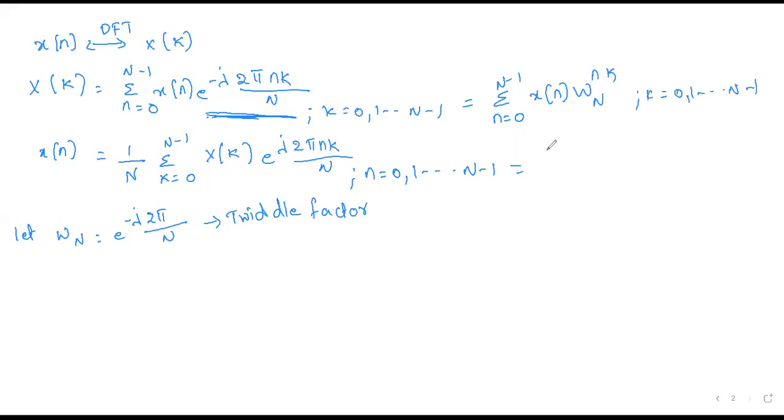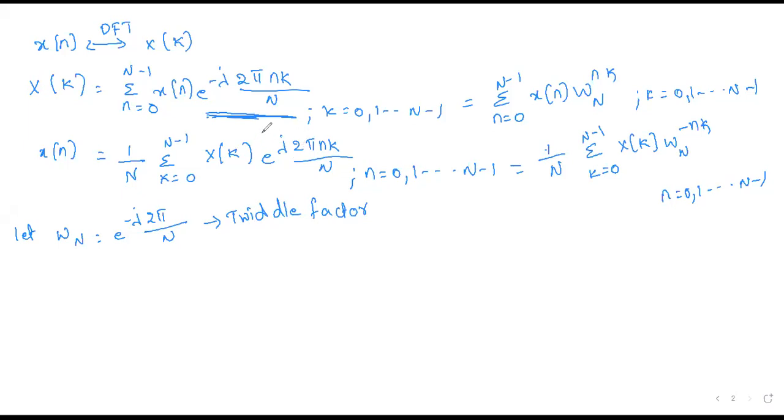Whereas the inverse can be written as 1 by N sigma k is equal to 0 to N minus 1 x of k into omega N power minus nk, where n is equal to 0, 1, so on to N minus 1. See, these are the formulas we should remember. Okay?